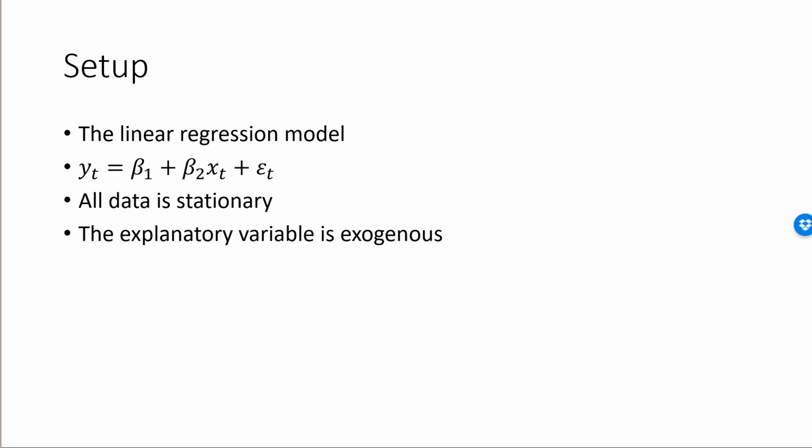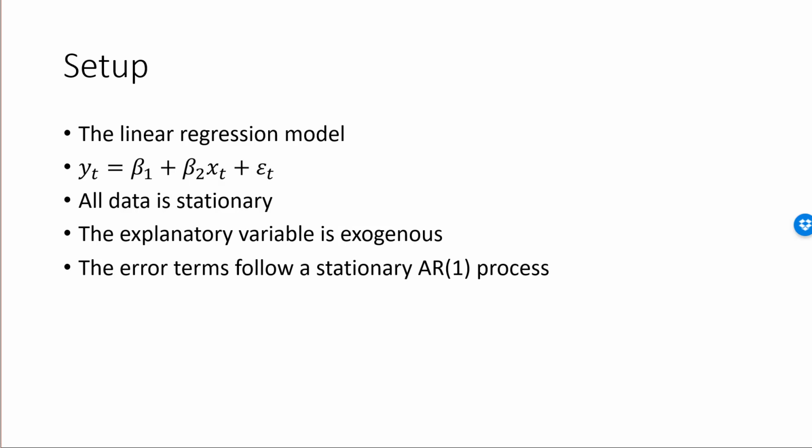However, the error terms will be autocorrelated, and we'll assume a simple process for the error terms, namely that they follow a stationary AR(1) process, which means that epsilon t is determined by its value in the previous period plus a new error term that we call nu t. So nu t, you can think of that as the error term affecting the error term today.